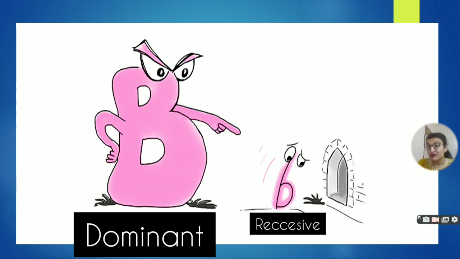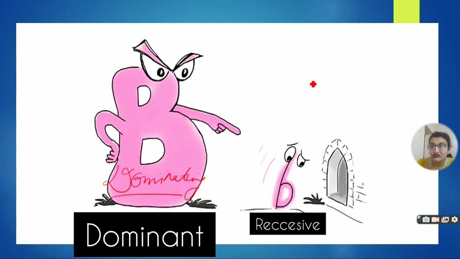Because being dominant allows more expression in comparison to the one who is not able to speak. In this case also, the capital B is the dominating one. It is showing its expression.